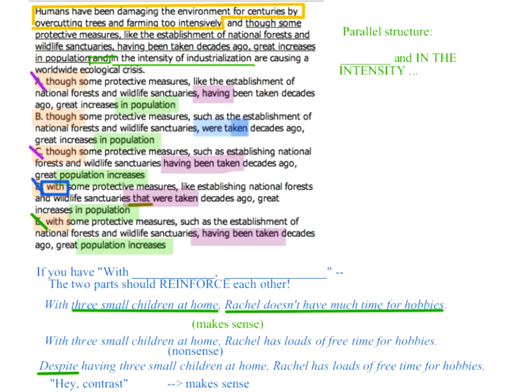Another thing that's an issue here is that this is modifying the wrong thing. This thing right here that says "that were taken decades ago" is supposed to be describing protective measures, but if you look at the way this is punctuated, it is mistakenly describing wildlife sanctuaries.